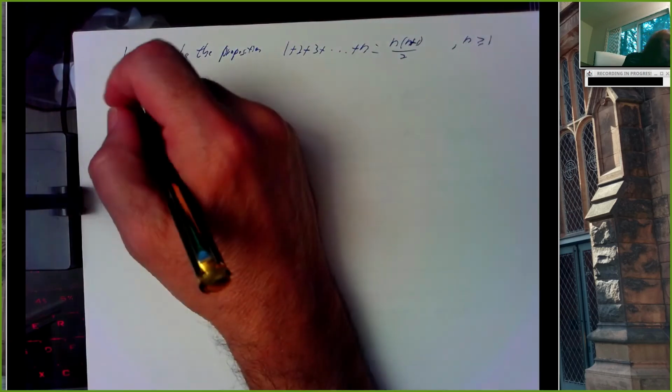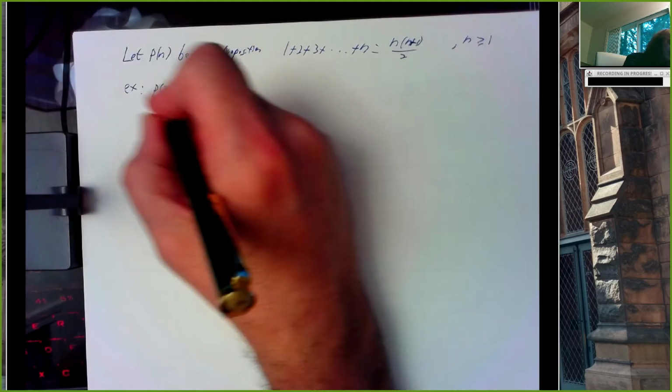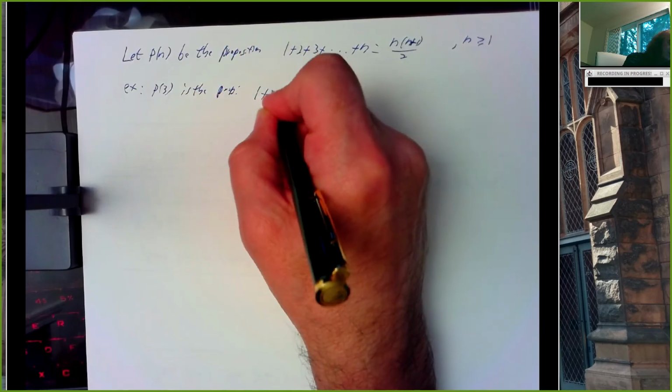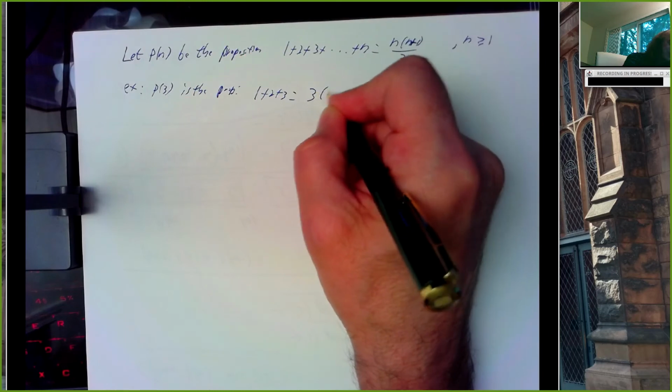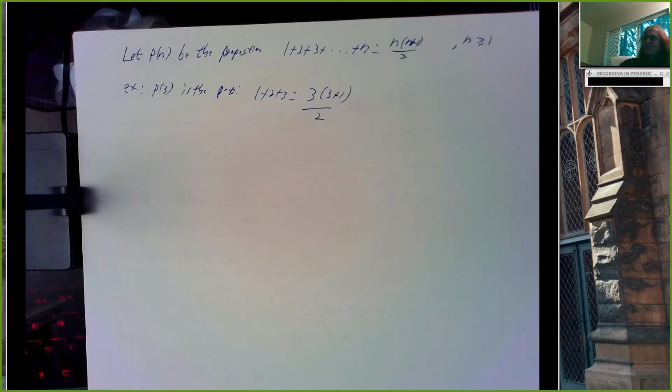But for example, P of 3 is the proposition 1 plus 2 plus 3 equals 3 times (3 plus 1) divided by 2. Was P of 3 true or false?